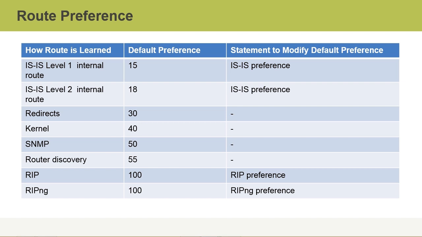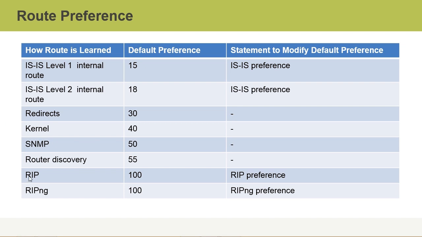Notice that a route learned through the RIP routing protocol has a preference value of 100, compared to the value of 10 used by OSPF. So if I'm running both protocols and I get knowledge of the 3.0 network through both RIP and OSPF, then the route for OSPF would be used, because it has a lower preference value.